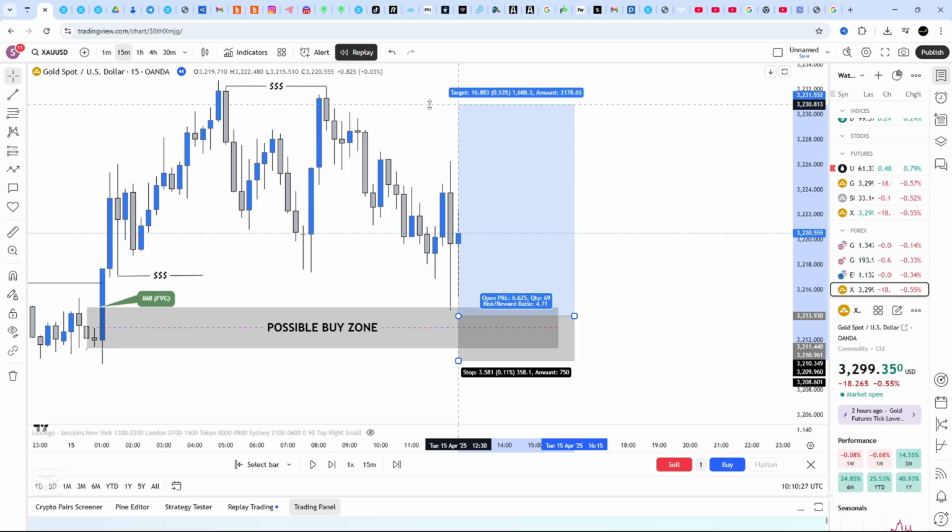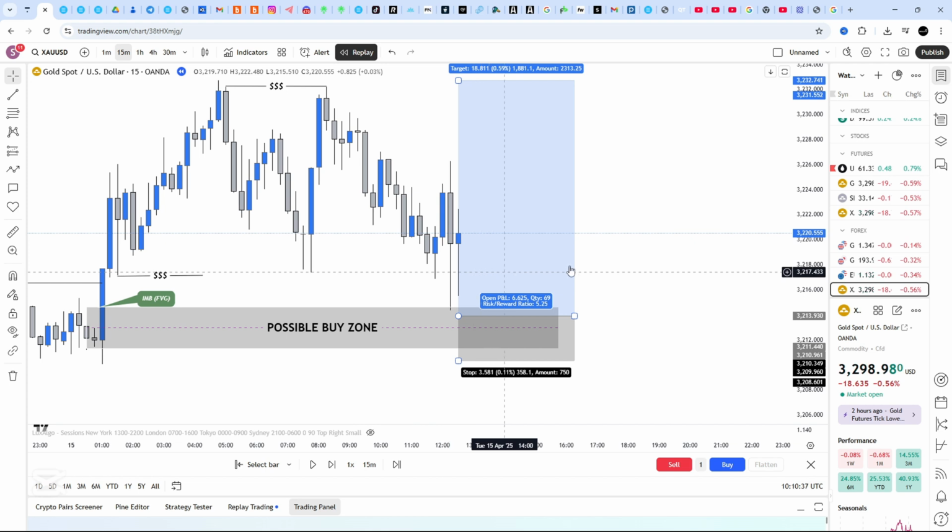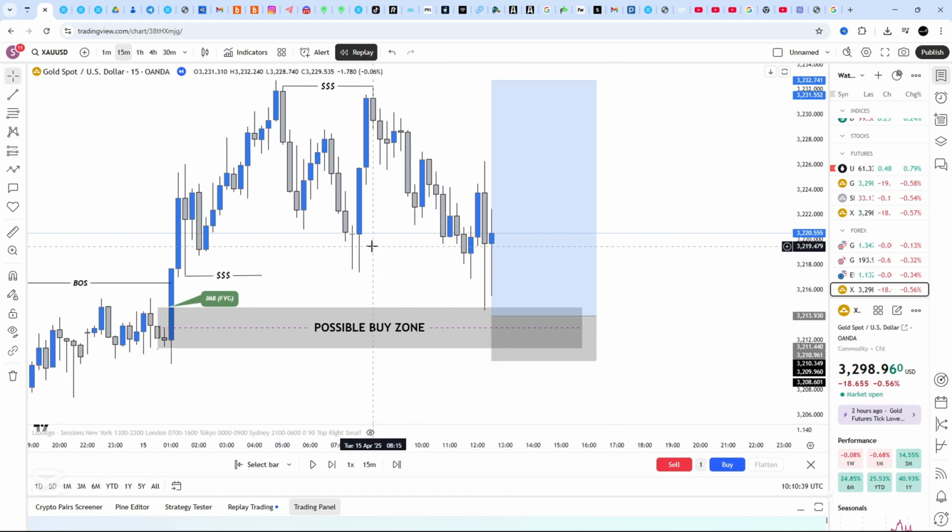And I can see more liquidity up that is supposed to be hunted by this market or by this buy entry. And then I target my recent high and then I sit and watch the market move. Now, all the liquidity is going to be taken, all the imbalance is going to be filled, and then the market will continue its direction that it has been into. Let's see what happens here.